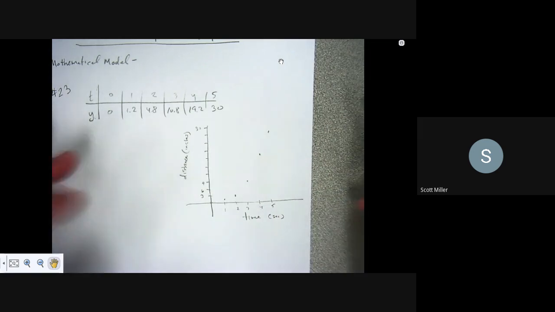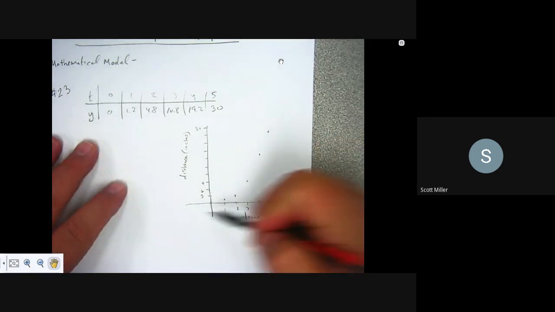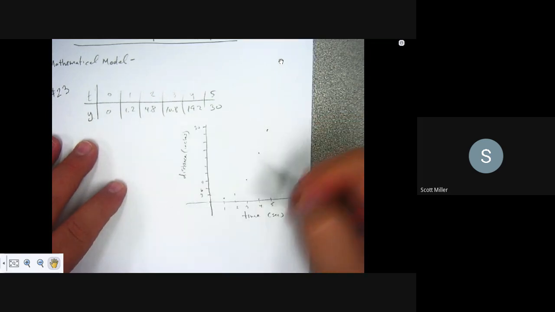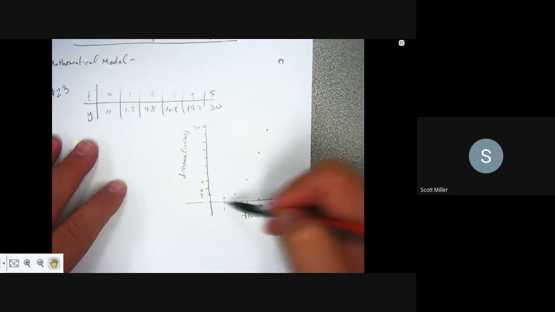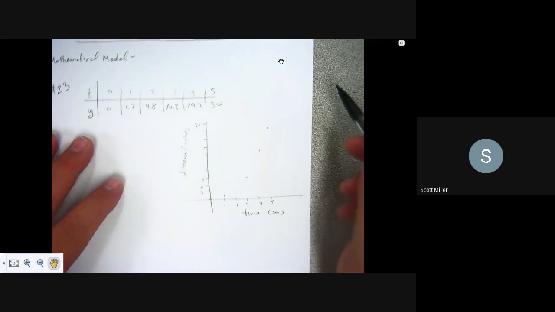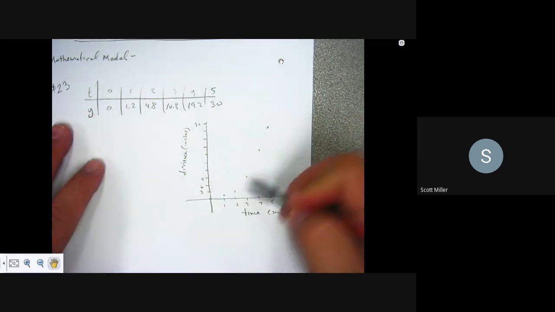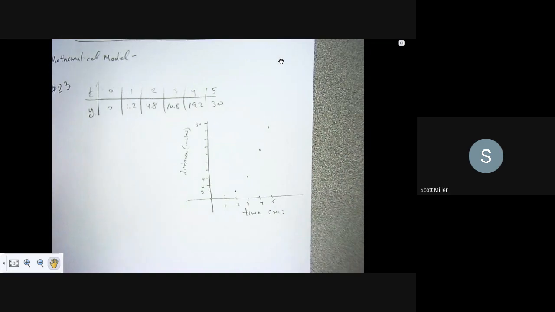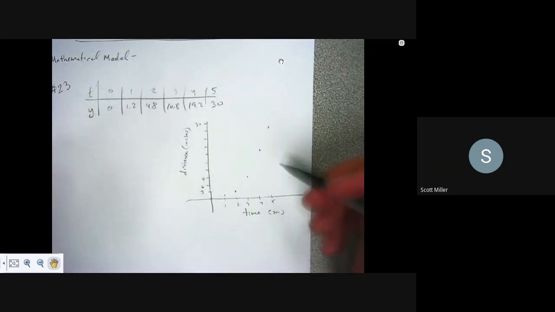Okay, polynomials kind of curve, right? This could be like a vertex down here. It could be a parabola. It could be a cubic, so it could do this kind of a thing. It could be any one of the polynomials that are out there. It also kind of looks like it might be exponential, but I don't know. We can take a look and see if it might.